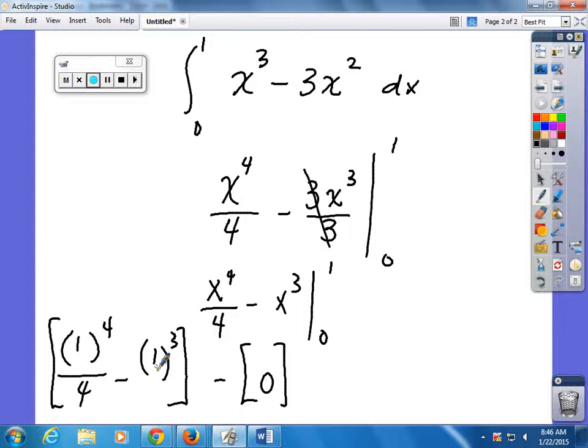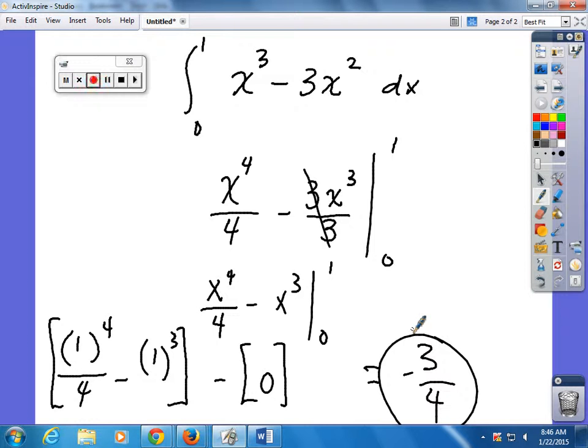Negative 3/4. Okay? Everybody good? Now, basically, we've just done the fundamental rule of calculus. All right? I don't spend a lot of time going through the cracks and crevices. I just go ahead and there it is.